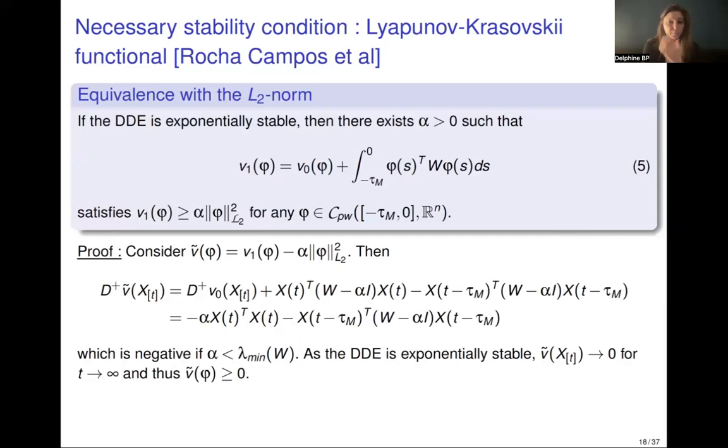This number is positive. And thus you can guarantee then that for any alpha lower than this, the sum between V0 and the weighted L2 norm is larger than the L2 norm of phi. So they gave us then a functional V1, which is a Lyapunov function, and this is a necessary condition then to have the exponential stability of the original delay difference equation.